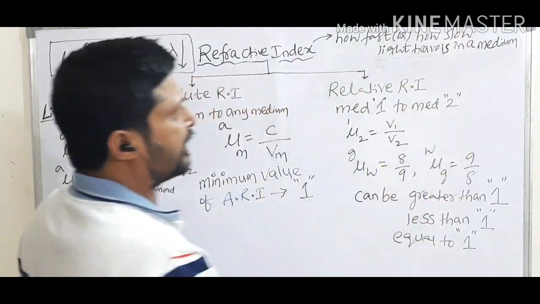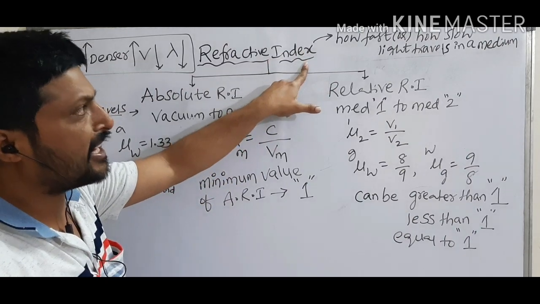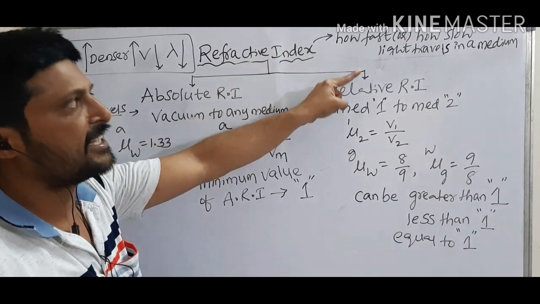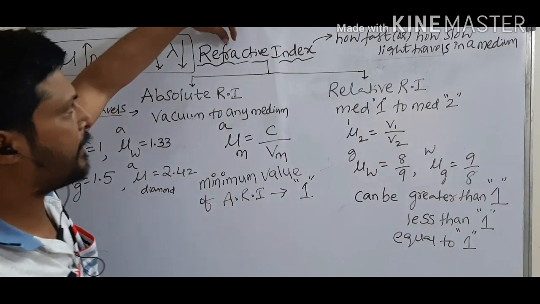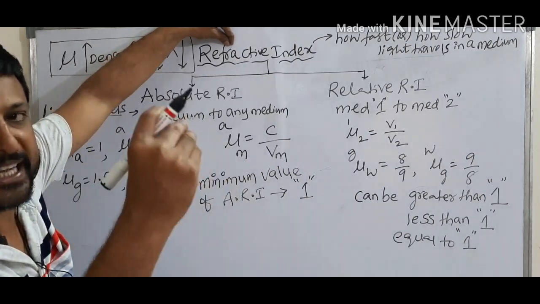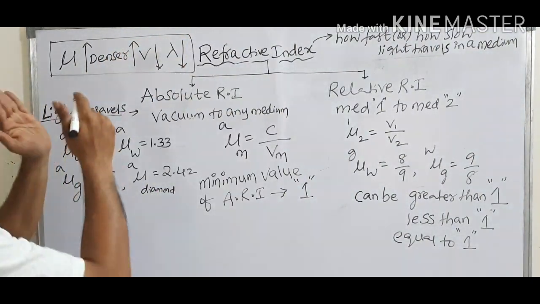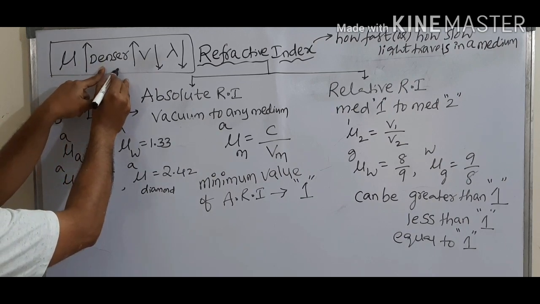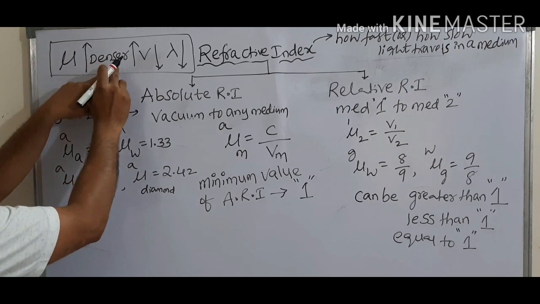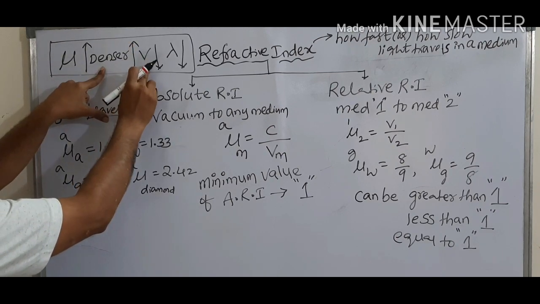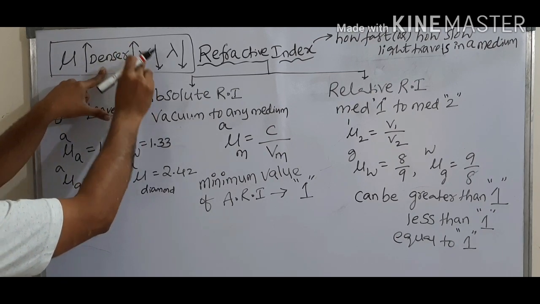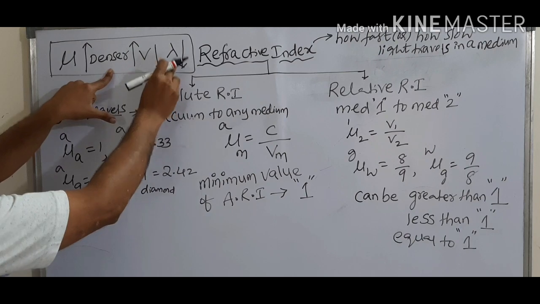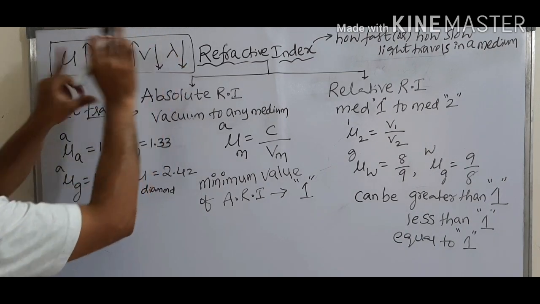The fastness or slowness of light in a medium depends on the refractive index of the medium. The more the mu value, the denser the medium. If the medium is denser, the speed of light in that medium is less, and the wavelength of light in that medium is also less.